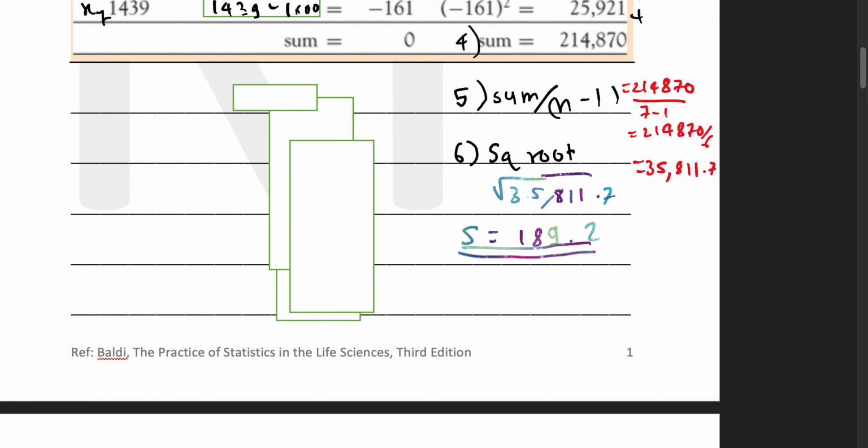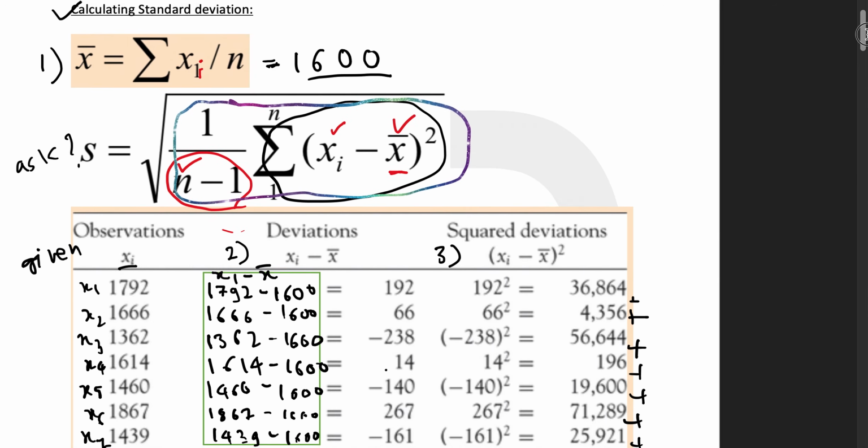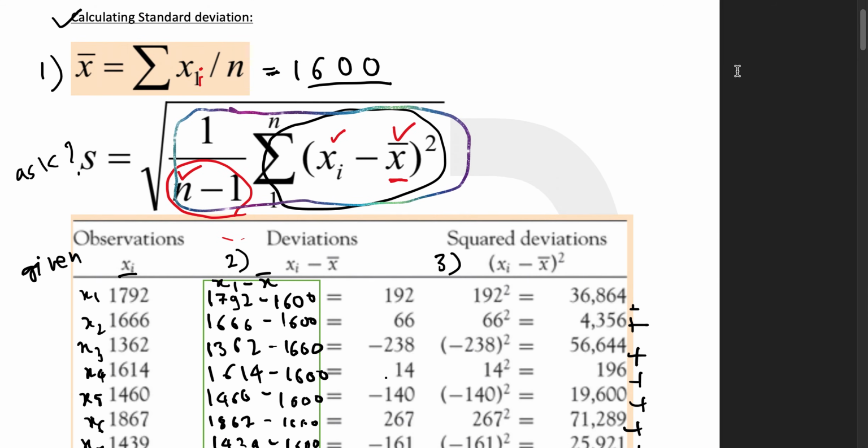Remember that if you don't take the square root, this is your s squared, which is nothing but the variance. So if you have been asked to calculate variance, stop right here. If you want to calculate standard deviation, take the square root, and that is the standard deviation.